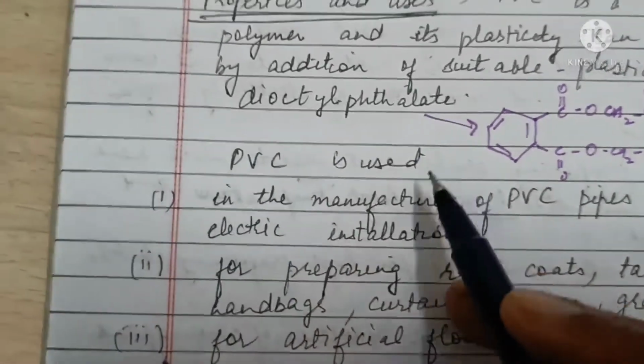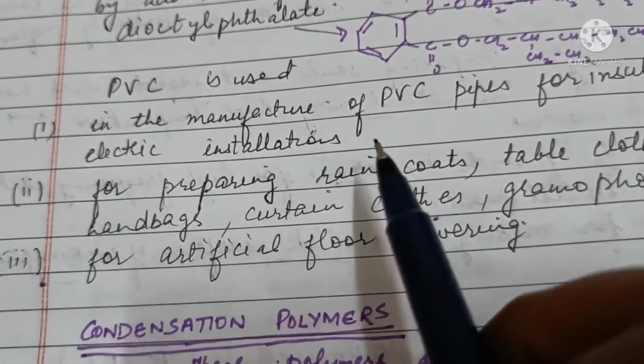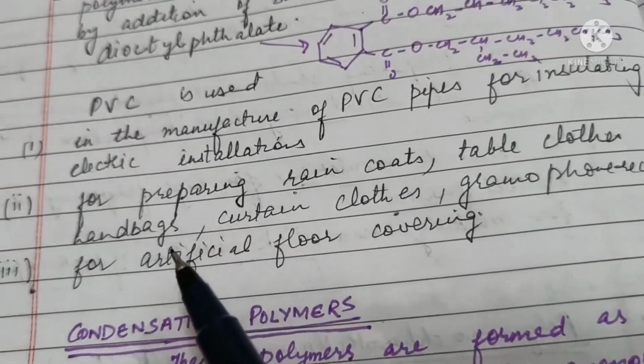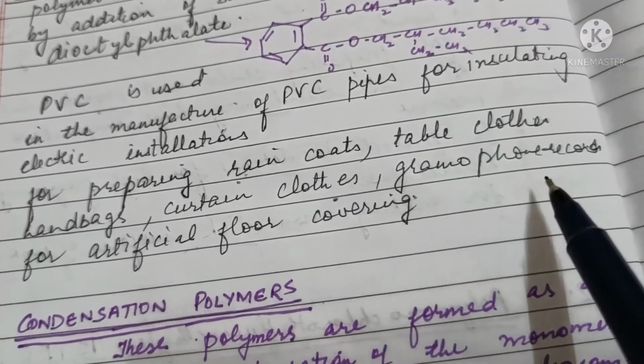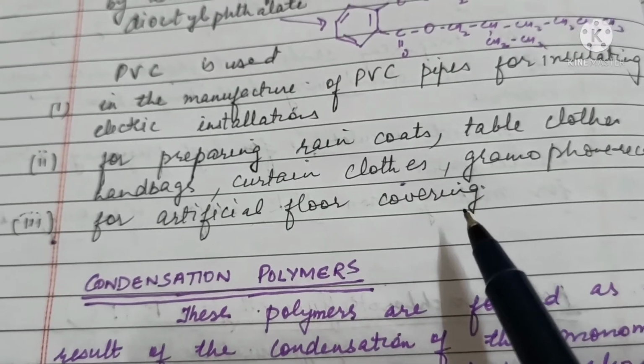This polyvinyl chloride is used in manufacture of PVC pipes, for insulating electric installations, for preparing raincoats, tablecloths, handbags, curtain cloths, gramophone records. It's also used for artificial floor covering.